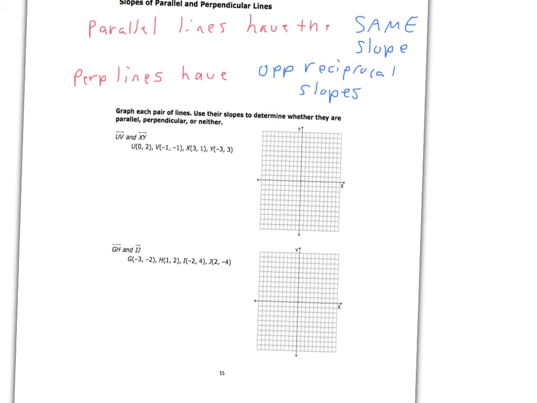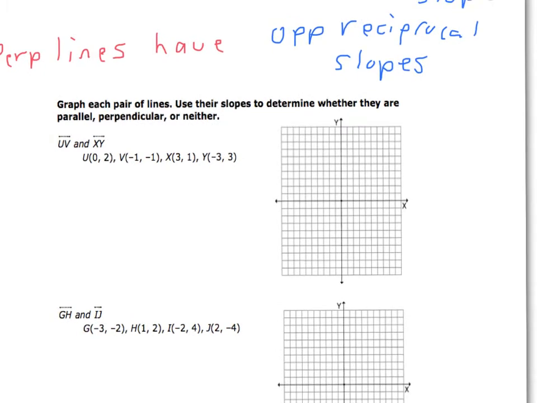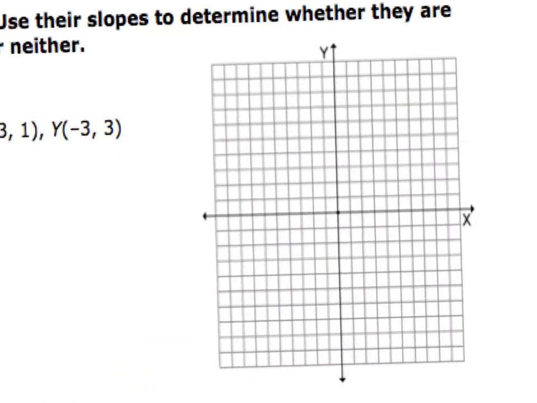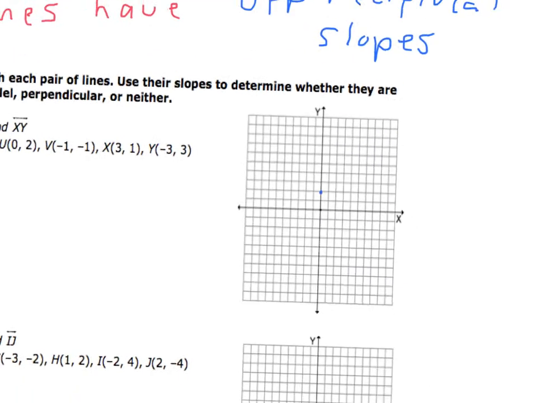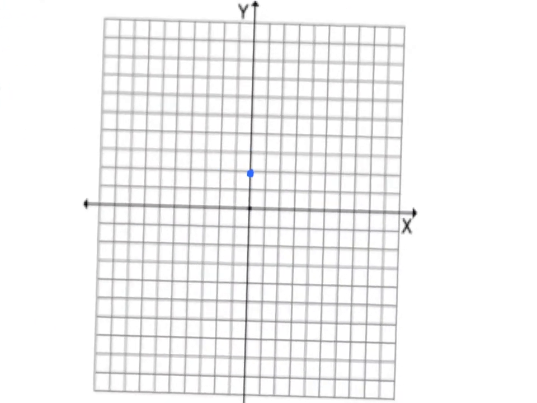Okay, so what we're going to do is we're going to graph all these ordered pairs and determine whether they're parallel, perpendicular, or neither. Okay, so let's graph these points. We have (0, 2) and (-1, -1).